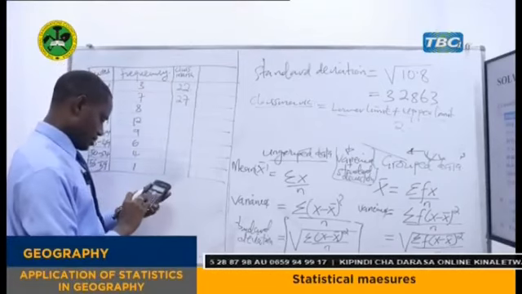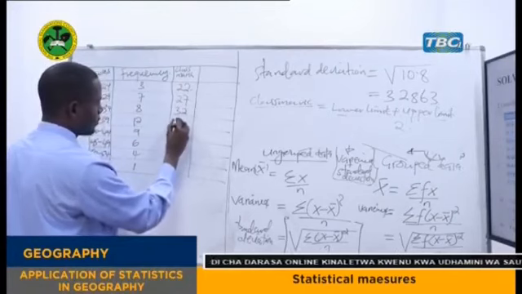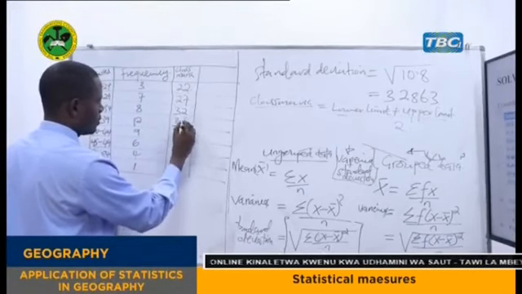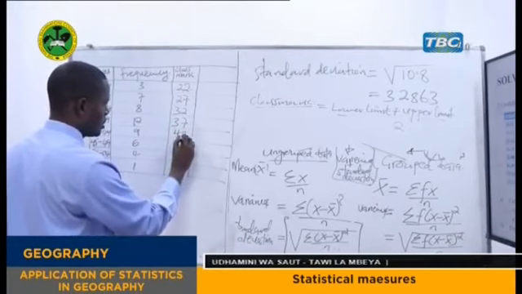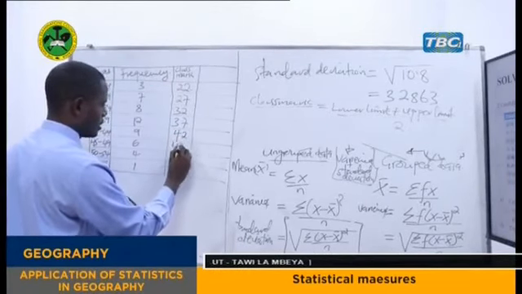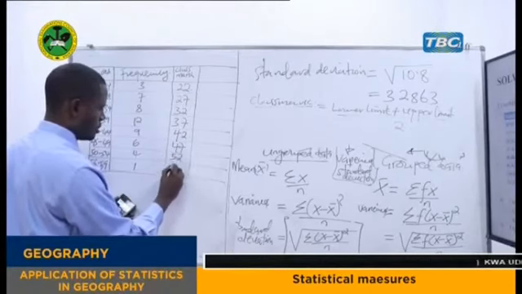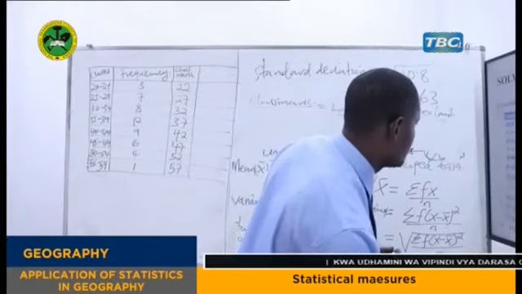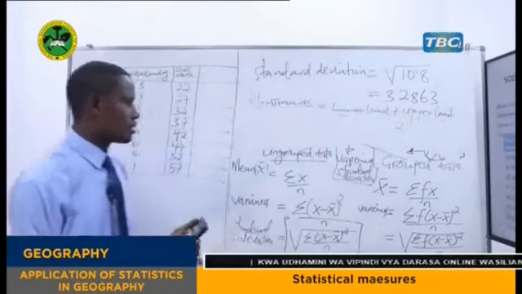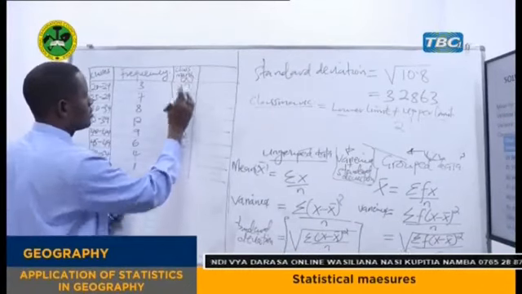Then plus 5, we get 32. Again plus 5, we get 37. Then 42, then 47, then 52, then 57. So this is the class mark, which will be standing for X.